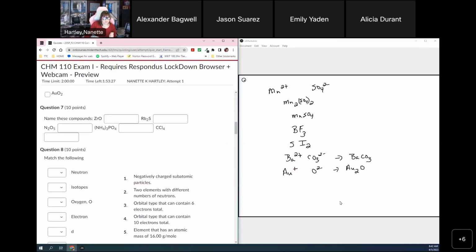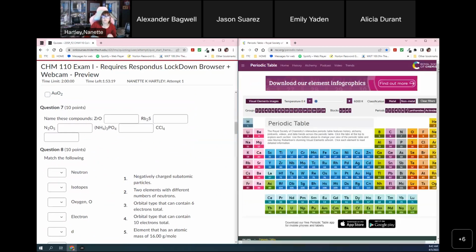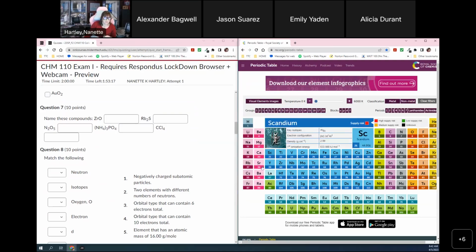When we name compounds, ZrO. Now, when I'm naming a compound, I need to know where it is. I absolutely need to know where it is, because the rules for nomenclature depend on where that thing is. So if I find my Zr, Zr is right here. So he's a metal. Okay. Oxygen, non-metal. So that's a metal to non-metal bond. That's ionic. Okay. If it's ionic, then he's going to be zirconium, which is the name of that Zr.